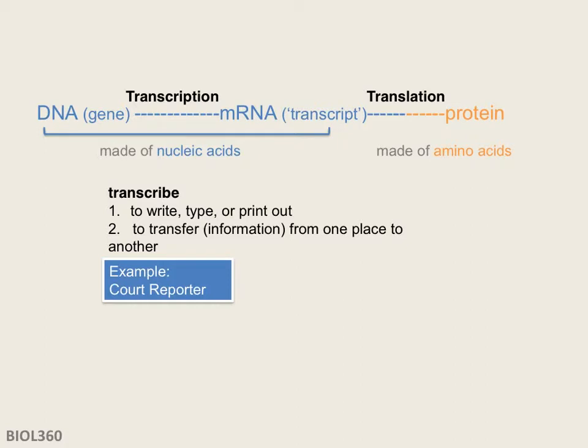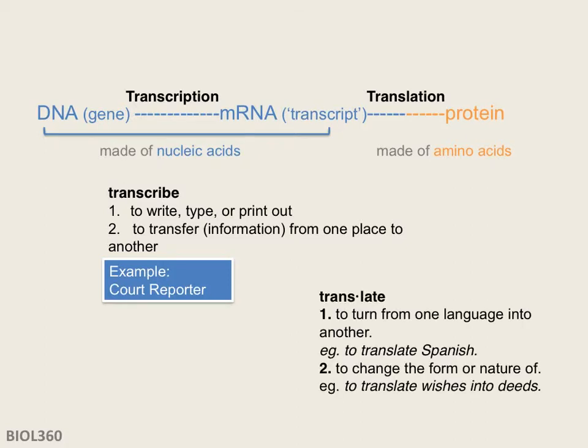So we're taking some code that has information in it and turning it into a way that it can then be used. Translation, and in this case, translation is making amino acids that then become proteins. Let's say from one language to another.